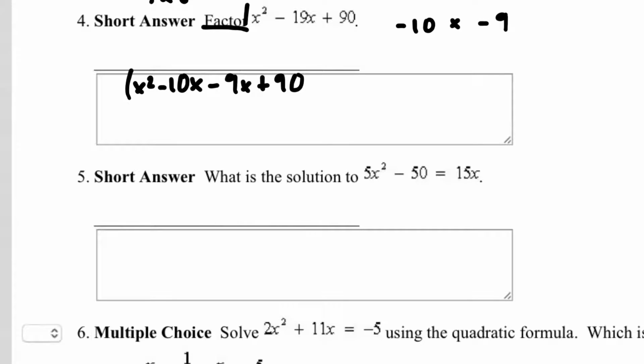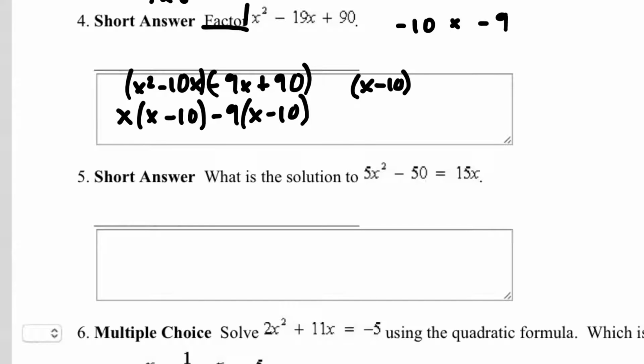Factor by grouping. I'm going to group these two together, and these two together over here. The first two have an x in common, which leaves you with x minus 10. The second group has a negative 9 in common, which leaves you with x minus 10, which means that your factor is x minus 10 times x minus 9. And that is the result.